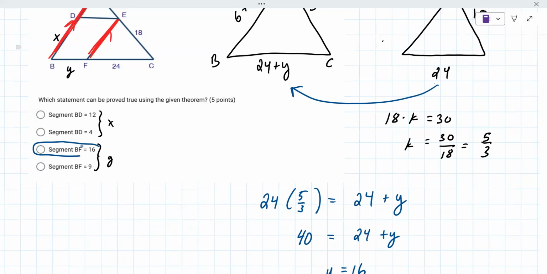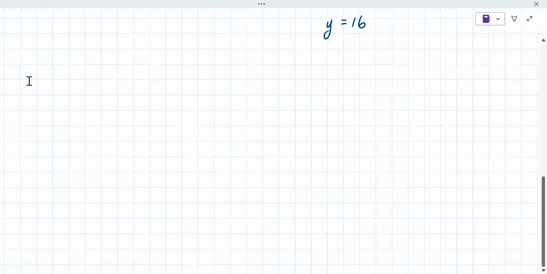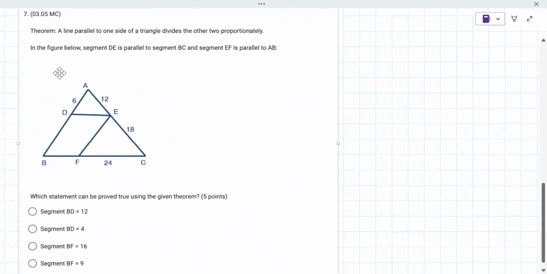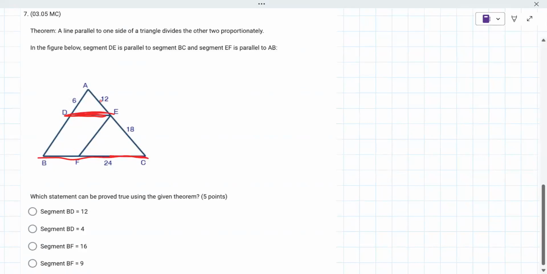Okay. Now, I only knew to do that because we kind of already did it yesterday. If we tried to use the other two triangles, we would not have gotten either of these numbers. Do you want me to show you that now? Yeah. Okay, so I'm gonna reframe the problem here. This time you're looking at it as if DE is parallel to BC.